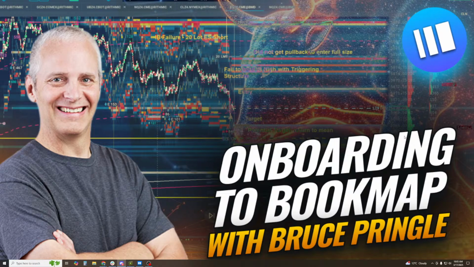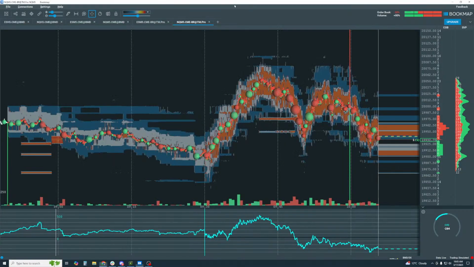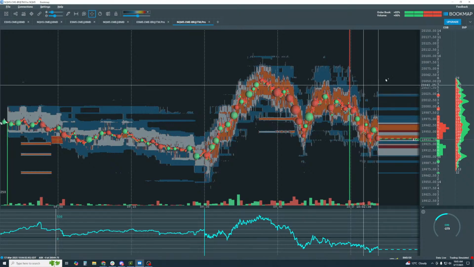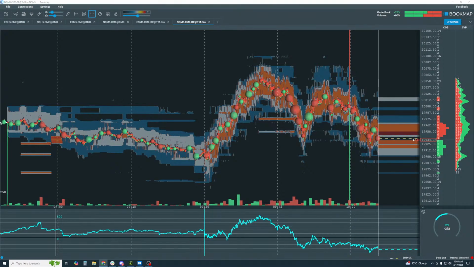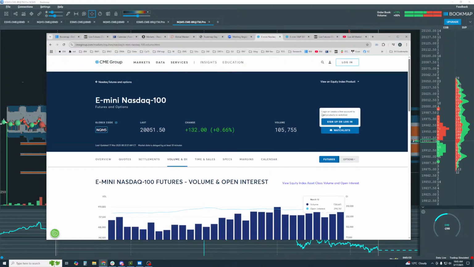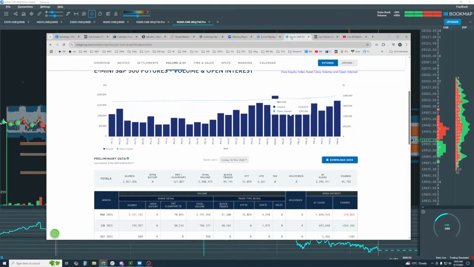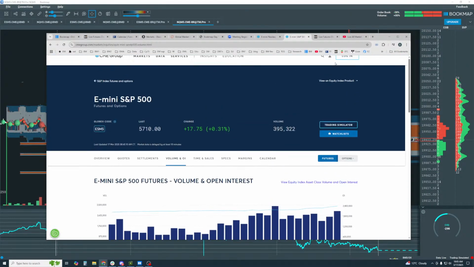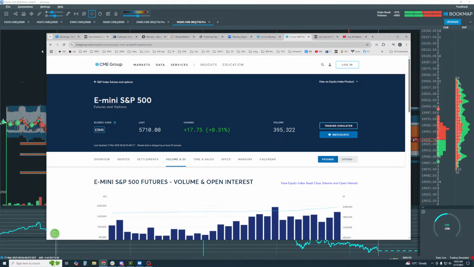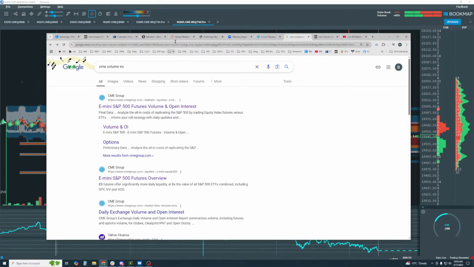Excellent. All right, so let's jump in. What's happening? It is rollover. Let's take a look at the data here. I know everyone over in Discord knows this, but it's a very simple thing that I do to find out about rollover and when I want to roll to the next contract.